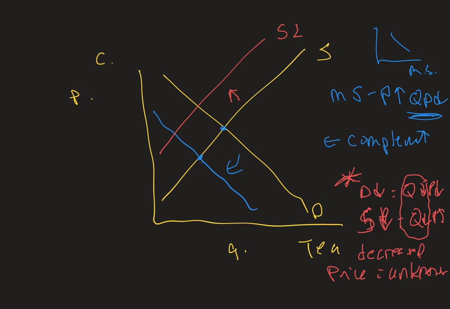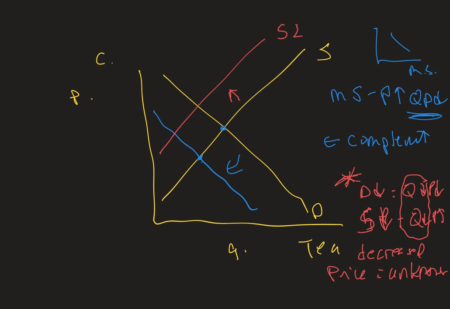Some of you lost a point if you didn't do the double shift because you noted price and quantity changed in one direction but not the other. Anytime you have a double shift, something will be known and something will be indeterminate. So you don't want a decrease in supply and a decrease in demand with a decrease in price and a decrease in quantity. One of those two will be indeterminate.